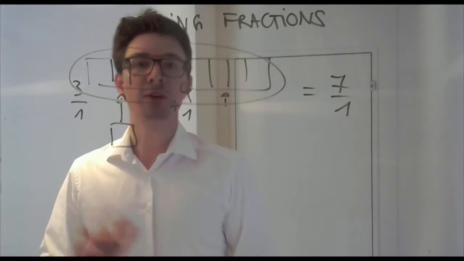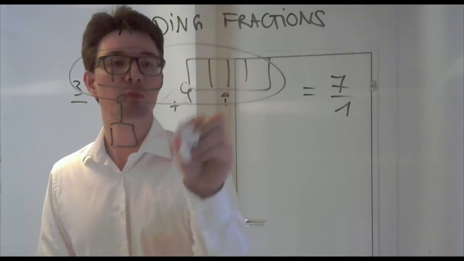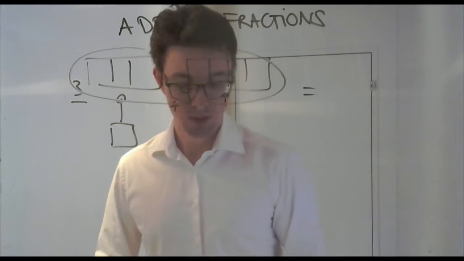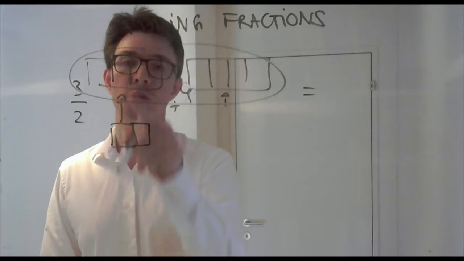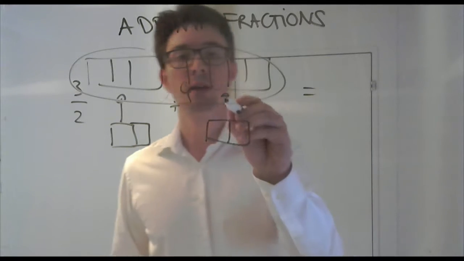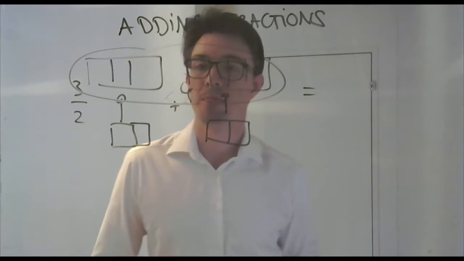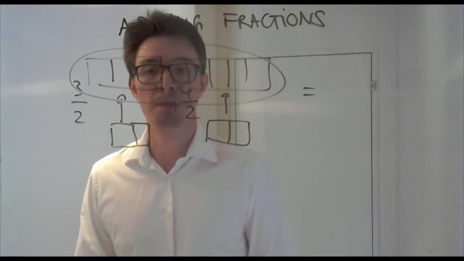We can modify this a little bit by, for example, asking what if we don't present a single copy, but let's say it's something that takes 2 copies and returns 3, and here we have another machine that takes in 2 copies and returns 4. So it's 3 over 2 plus 4 over 2.